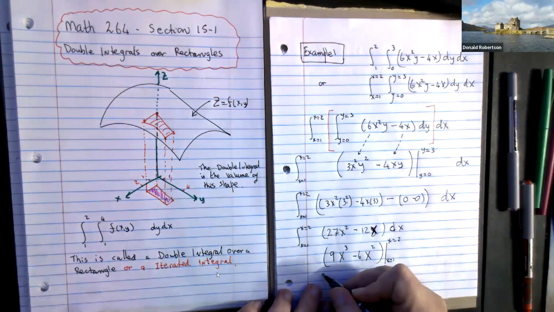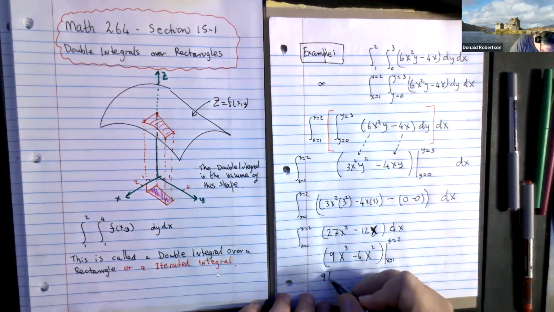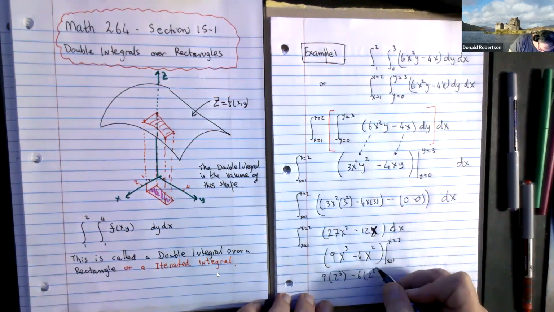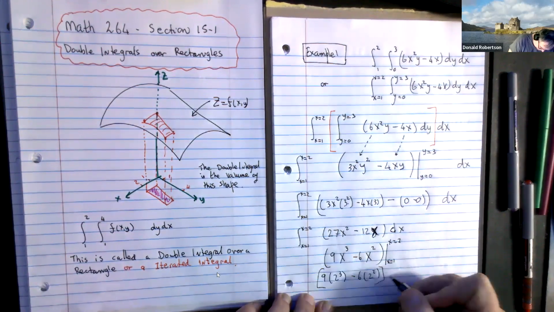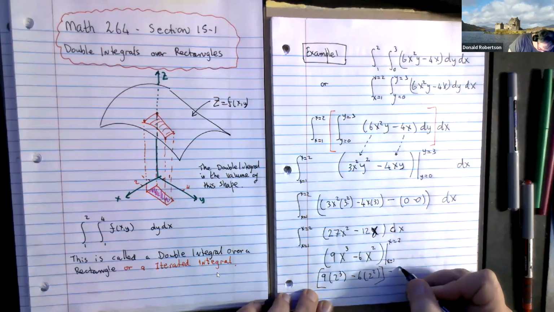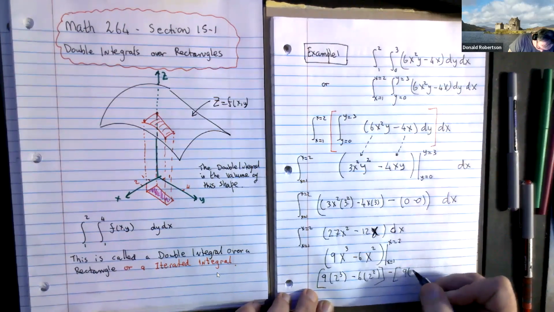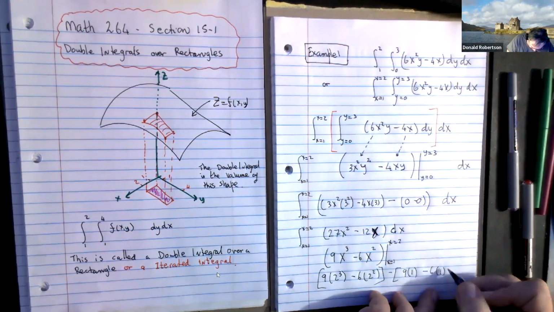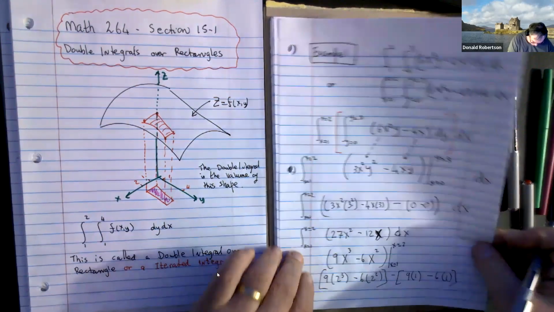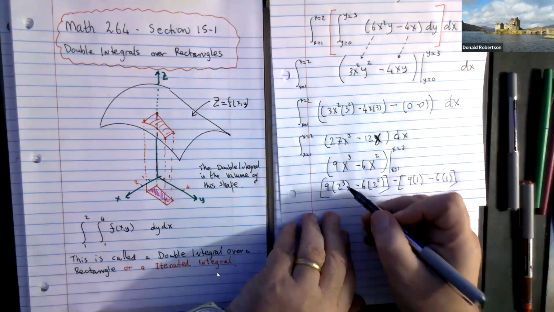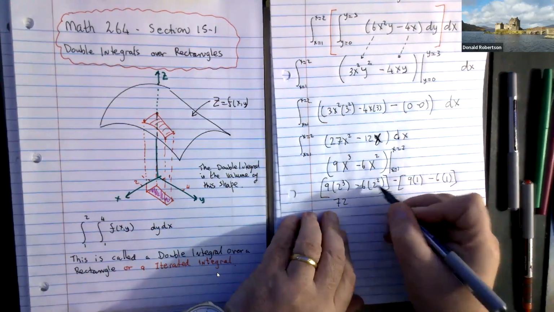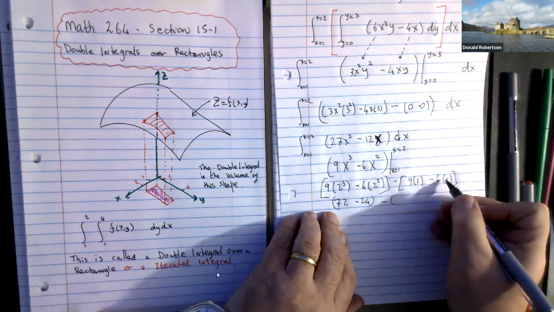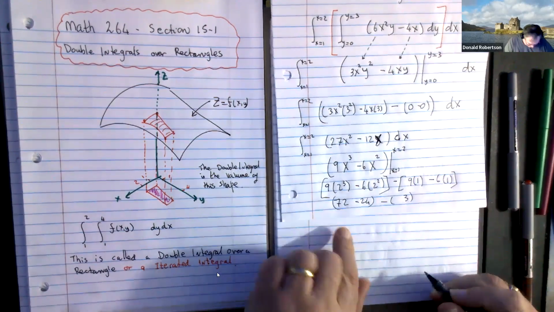So what's that going to get me? 9 lots of 2 cubed, take away 6 lots of 2 squared, take away 9 lots of 1 cubed, which is just 1, take away 6 lots of 1 squared, which is also just 1. 9 times 8 is 72, 6 times 4 is 24, so 72 take away 24. 9 take away 6 leaves me with 3.